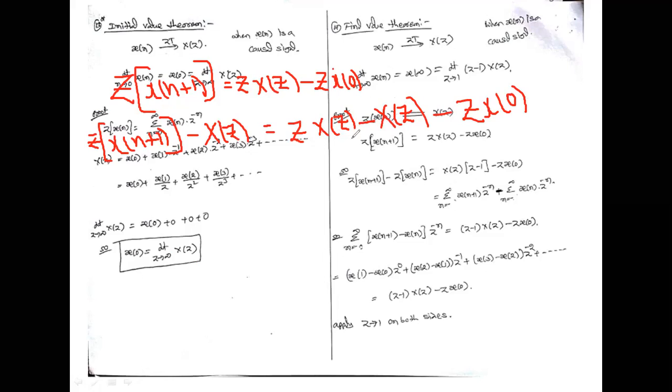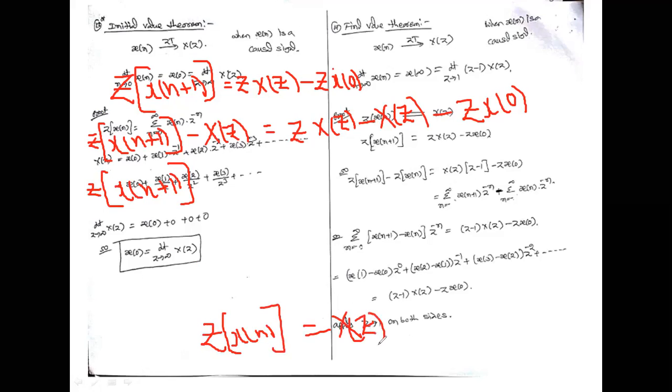To prove the final value theorem, I am subtracting on both sides with X(z). So on the left-hand side, I am rewriting that as the z transformation of x(n+1). What is X(z) actually? You can write it as the z transformation of x(n) is equal to X(z) only.